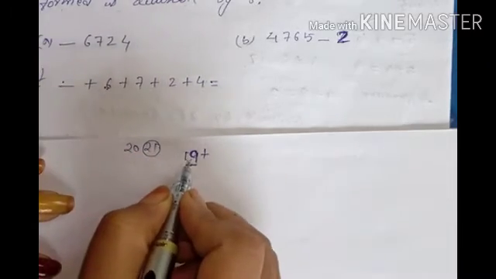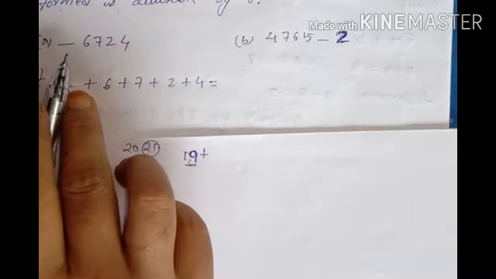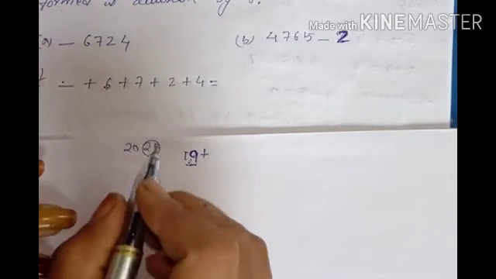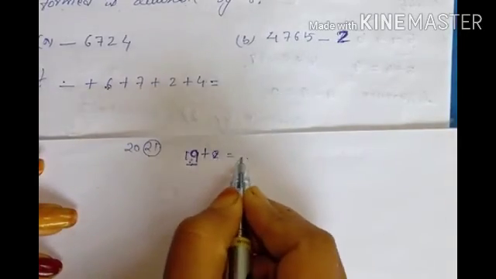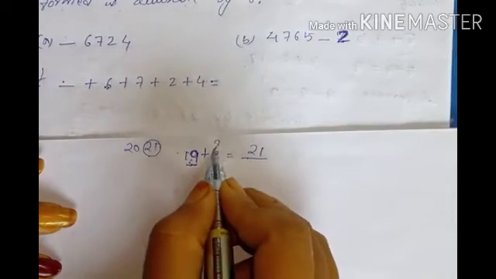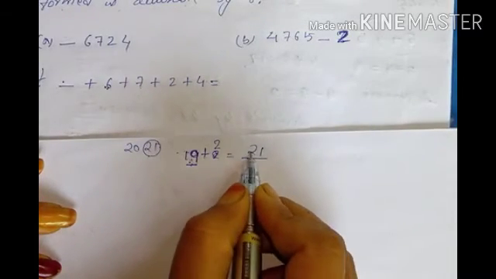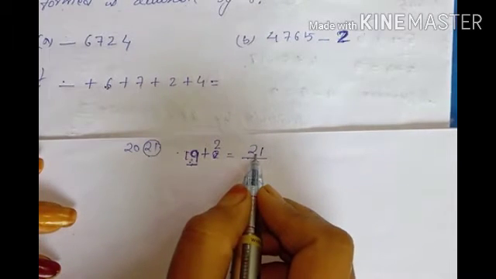So if instead of 19 the sum is 21, then this number will be divisible by 3. So what number will you add to get 21? 19 plus 2 is 21.